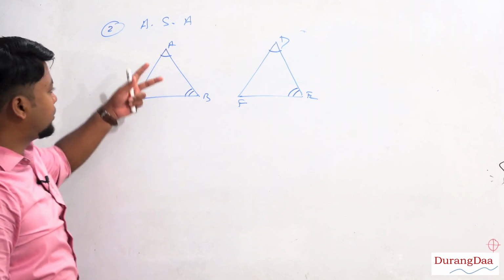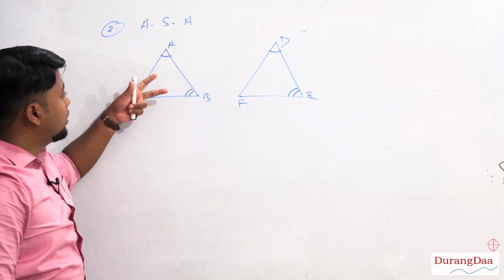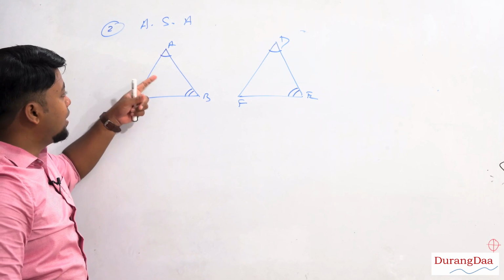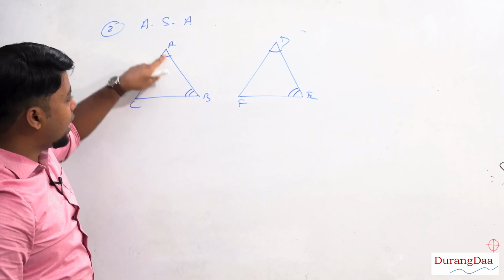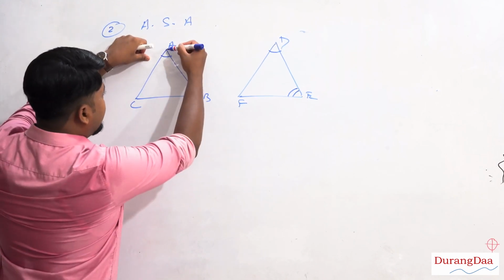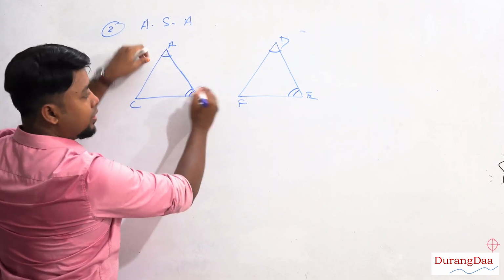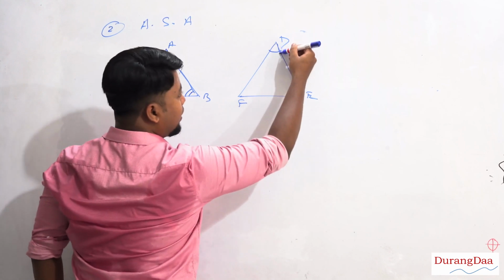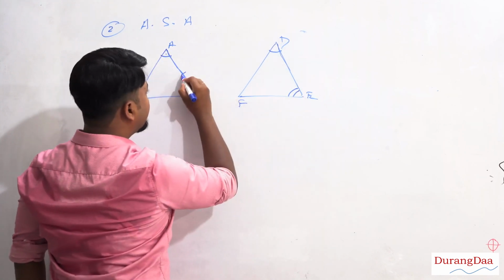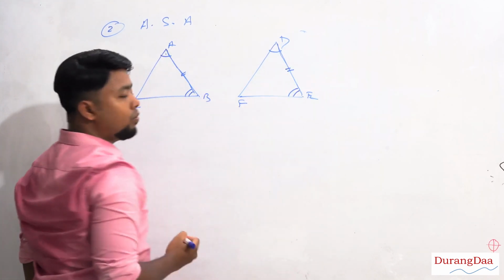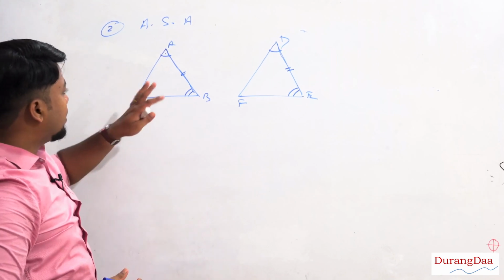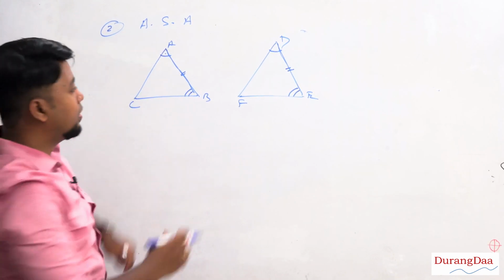So, two angles should be equal, and this one is important, the line connecting the two angles. That means, this is the line connecting the first angle and the second angle. So, here also this should be that side. This should be equal to this side, then only we can prove two triangles congruent by angle side angle.